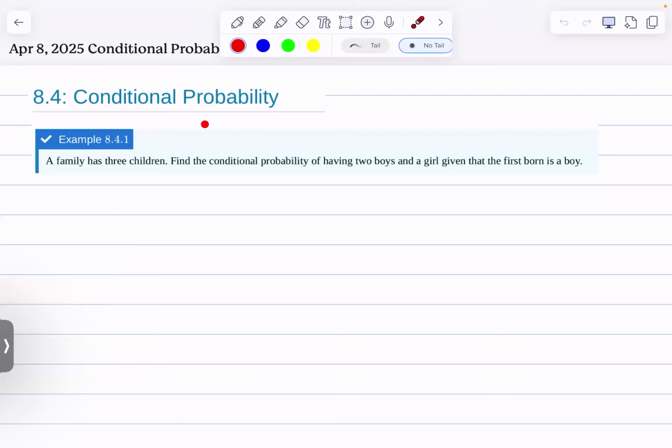What's really nice is we've already done conditional probability without calling it that. And so now we're just going to assign a little formula to it, nothing crazy.